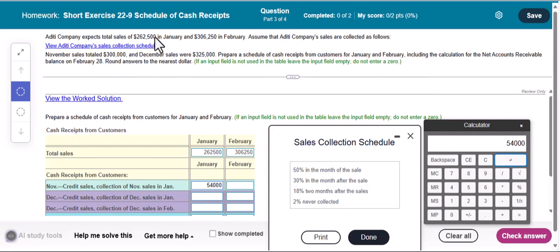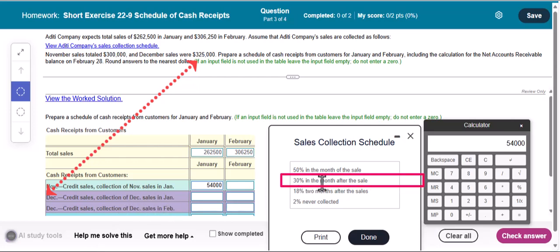And then for December, we had sales of 325,000. So here they're asking about the December sales, the credit sales collected of December sales in January. So how many months later is this? This is the month after December. So it's going to be 30% in the month after the sale.